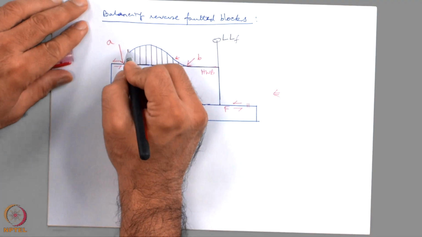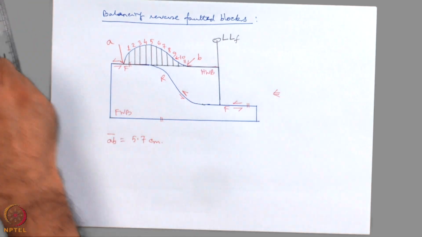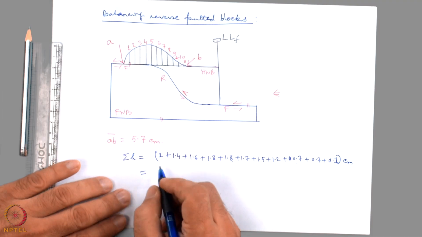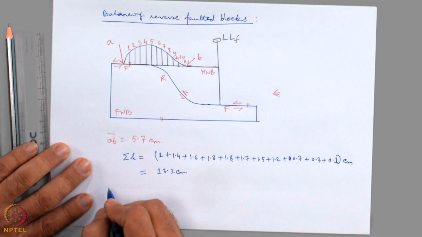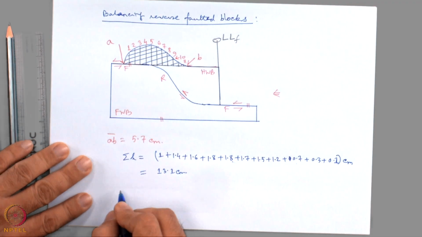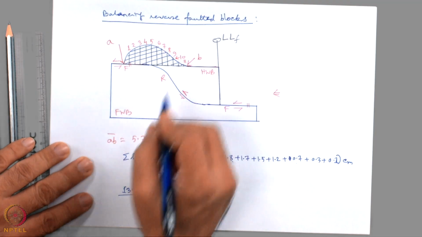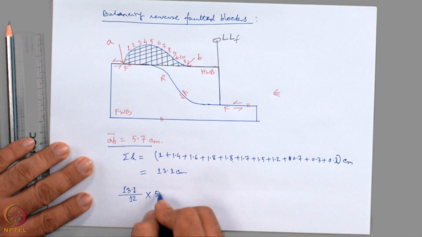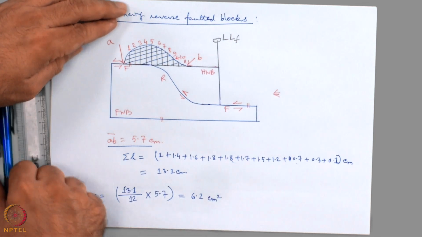How many lines have we drawn? And a tiny line here, 11. There are 11 lines. We want to find out the sum of their lengths. This is 13.1 centimeter. Therefore, the area within this region is given by 13.1 divided by, we took 11 lines, so divide by 12, multiplied by the AB length, which is 6.2 centimeter square.